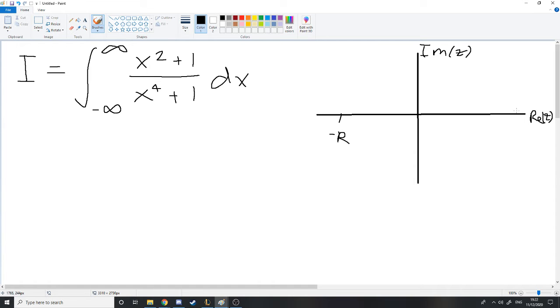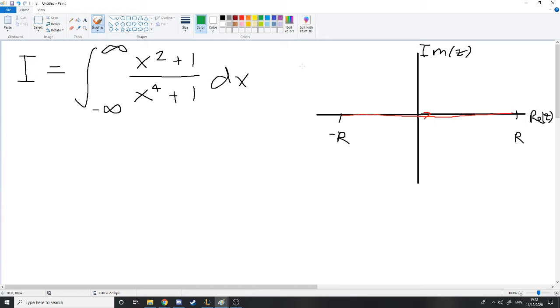It's the integral along this 1D line from minus r to r as r tends to infinity. So it's just the integral along the real line.